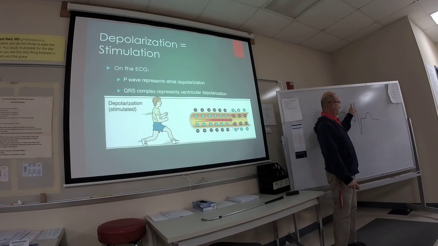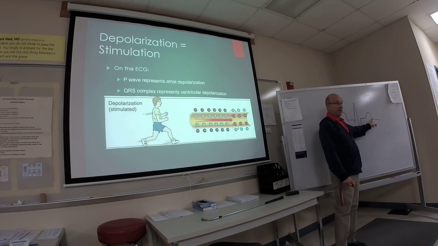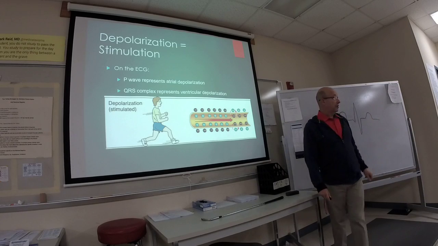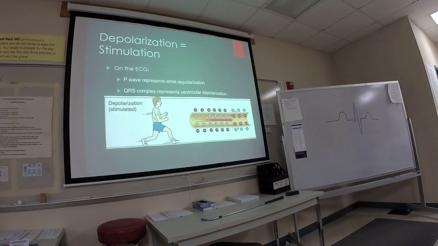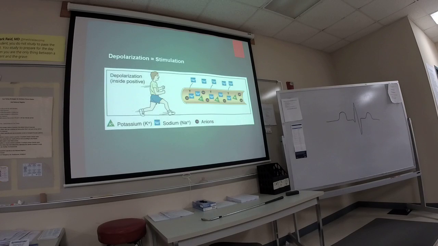The QRS, the ventricles depolarized. And you have to have what? Repolarization, right? Repolarization of the ventricles. But we'll review that in a minute, okay? So when you have depolarization, you have to have repolarization, okay?